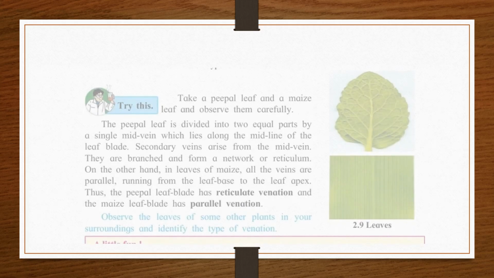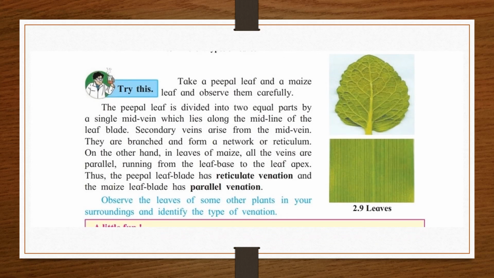Now venation. Here we see the leaf, the lower part of the leaf with networks. The middle portion with a single broad line is called the midrib. And see the total branchings, that network of veins.